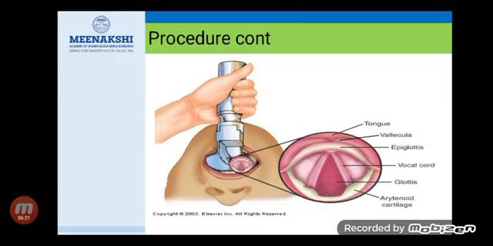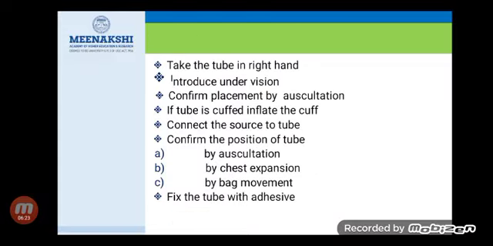This is the step we have to follow. Take the tube in the right hand and introduce it under vision with the help of the laryngoscope. Once the tube is inserted, you have to confirm whether the tube is in the correct position or not. Confirm the placement of the endotracheal tube by the auscultation method.